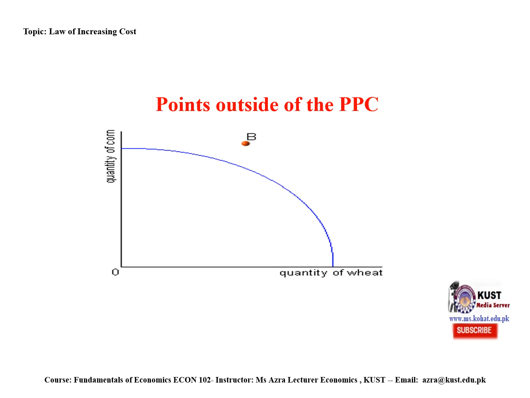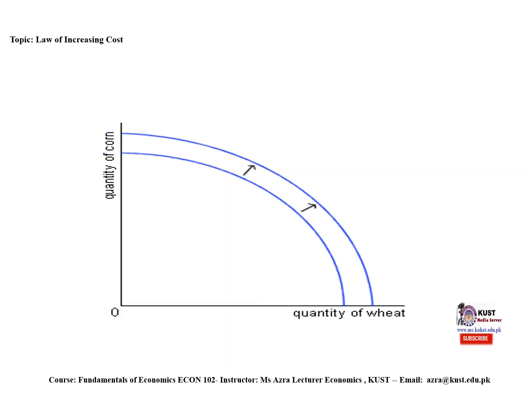Points inside the PPC are those points which can be easily accessible, as well as points outside the PPC, above the PPC frontier line, like B, which is outside the production possibility curve and we are unable to achieve it with the currently available resources.